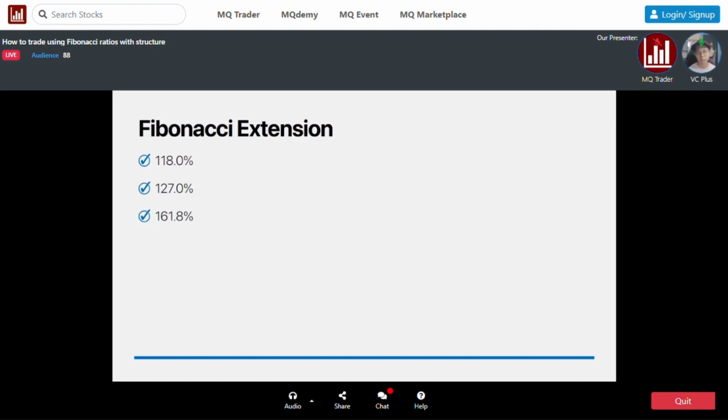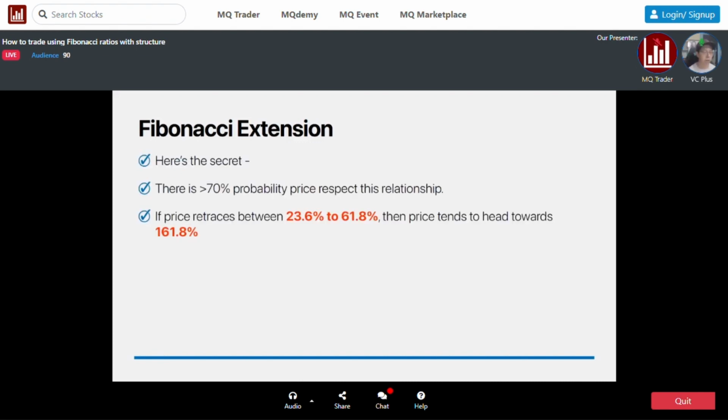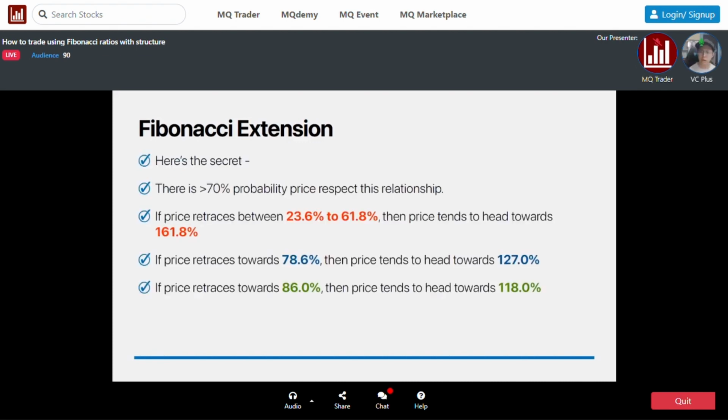Now, this relationship doesn't necessarily mean it's always 100% accurate. These extensions are just reference points for target. It has a high probability of reaching the target, but not all the time. So the relationship is this, as you saw with the color code.